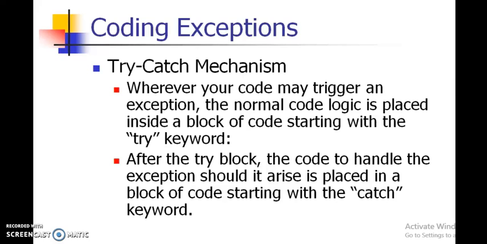So we are supposed to write the try and the catch block. When we write a try and catch block, we can write a single try block and multiple catch blocks. When we talk about catch blocks, we can say there are two types: the generalized catch block and the specialized catch block.